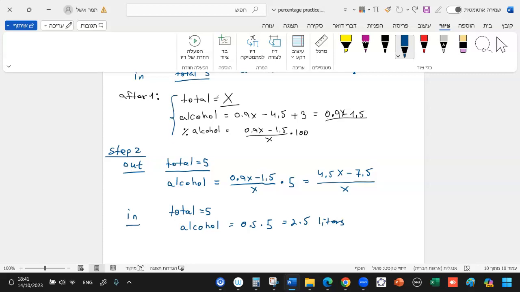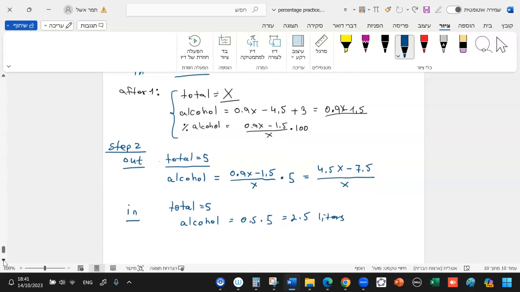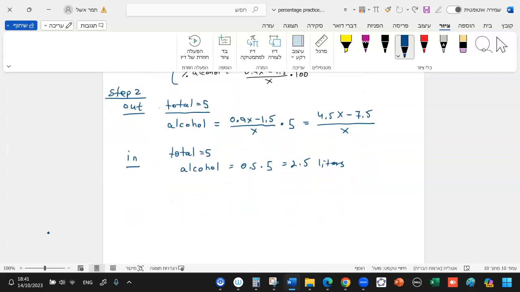Okay, we started with this, and we took out this and in this. Let's see what is in the container after the second step. First, the total is again x minus 5 plus 5. Stays x.